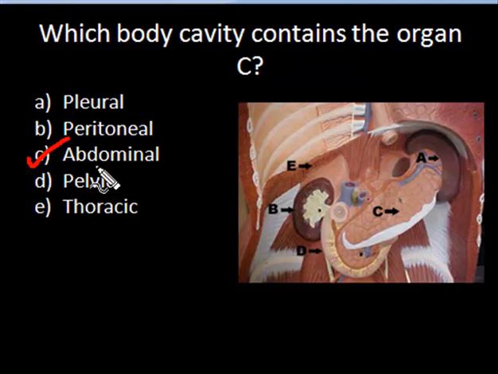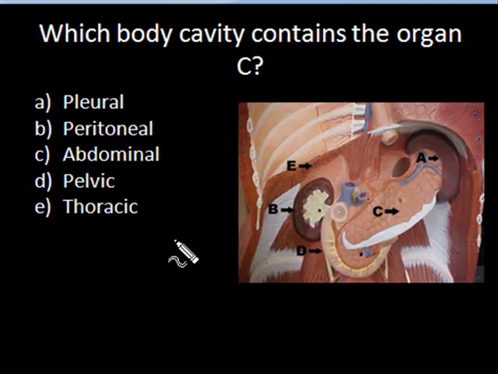Not the pelvic, not the thoracic, because it's not lying in the thorax. It's certainly not the pleural, and it's not the peritoneal, because remember the peritoneal, pleural and pericardial cavities are serous cavities. They only surround the organs. In any case, the pancreas lies behind the peritoneum.